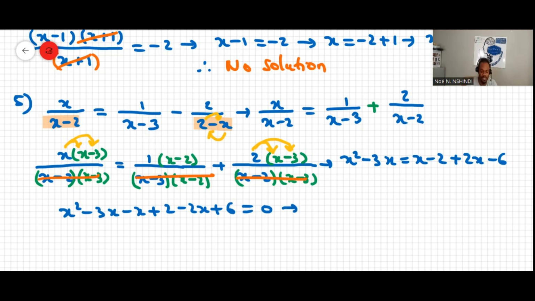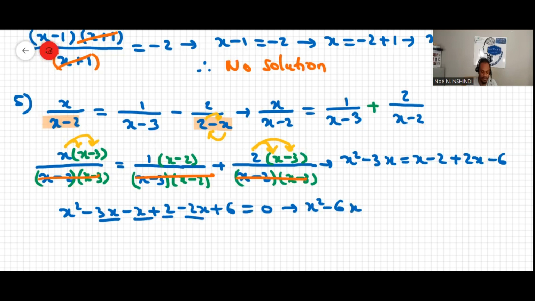So this will be x squared, negative 3x minus x minus 2x makes negative 6x.